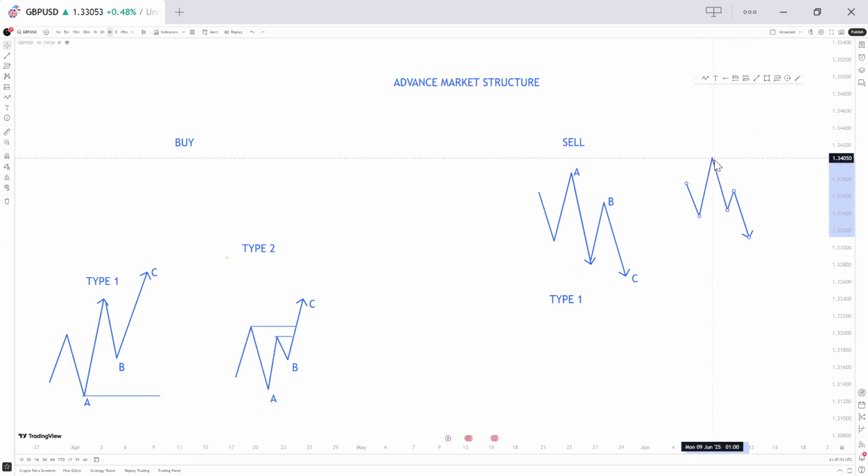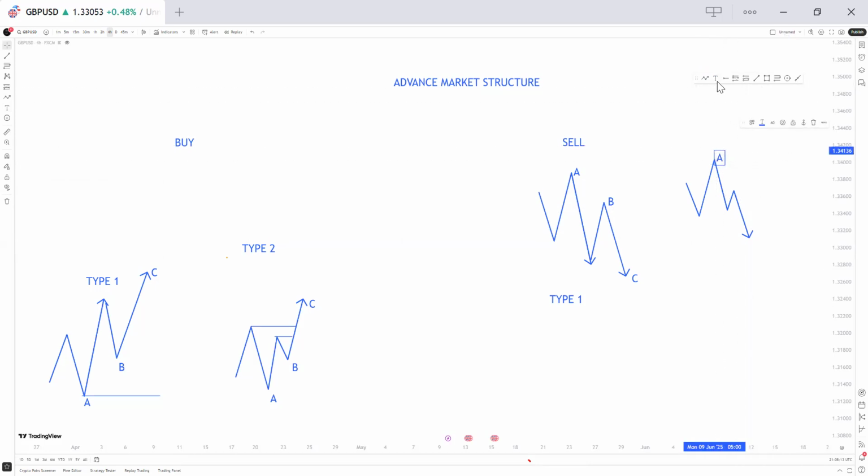You have something like this. Now, this is your A, this is your B, this is your C. Understand? So it's as simple as that. You can label it. If you are labeling it, it will be simple for you.